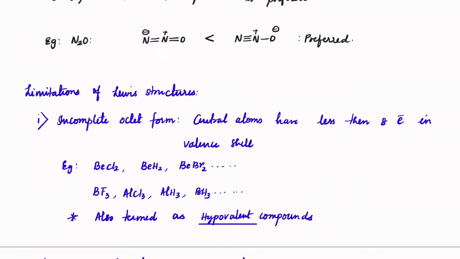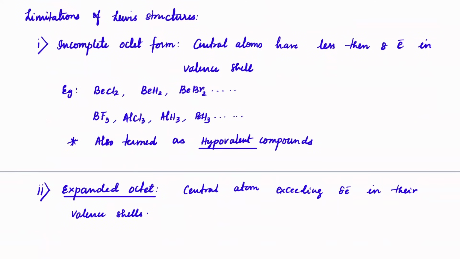Okay. Now, what are the limitations of Lewis structure? The first limitation is the incomplete octet. There are many compounds where the central atom has less than 8 electrons in the valence shell. For example, BeCl2 exists, but it has only 4 valence electrons on beryllium. BeH2, again only 4 valence electrons.